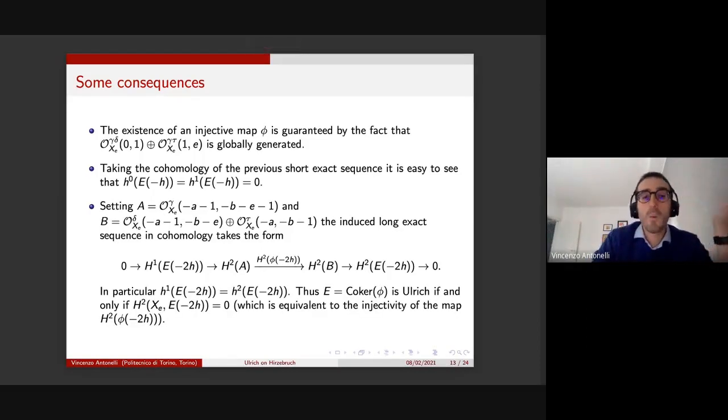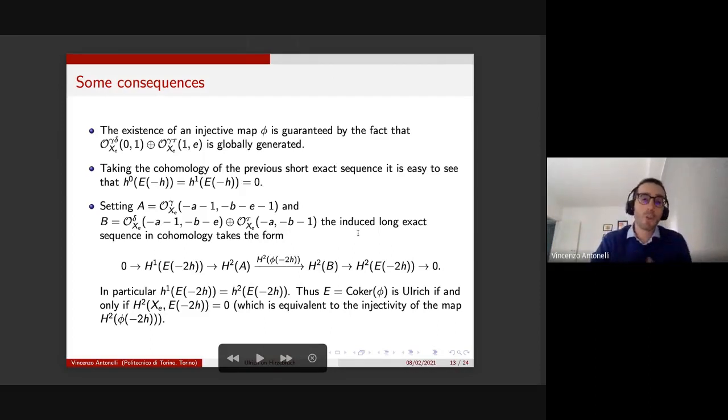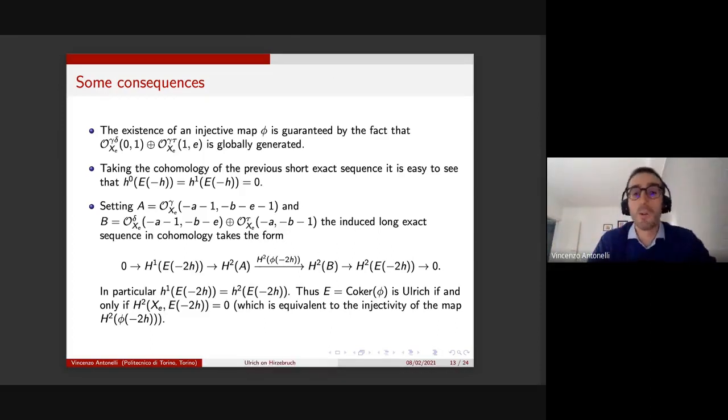So basically, as soon as one of the two cohomology groups, H1 or H2, is 0, then the other is also 0. And that gives you how to obtain an Ulrich bundle starting from a map. So you need to check this vanishing.